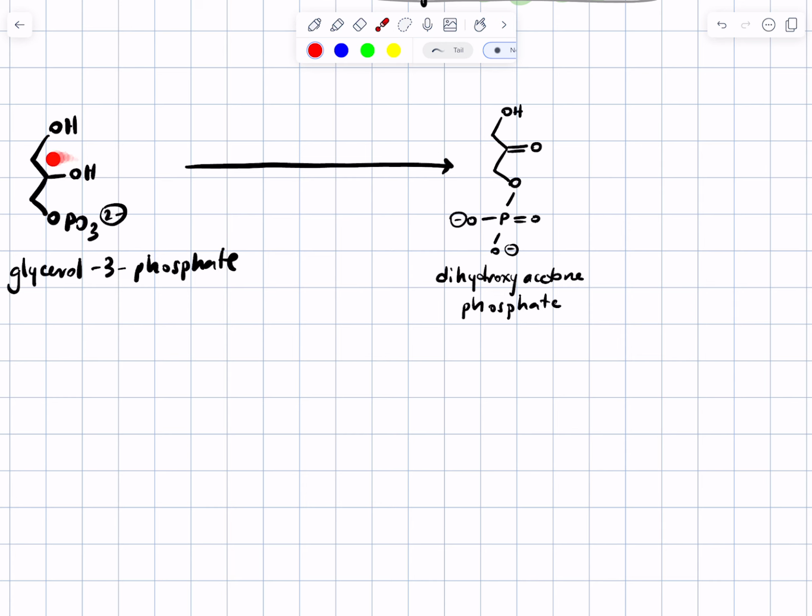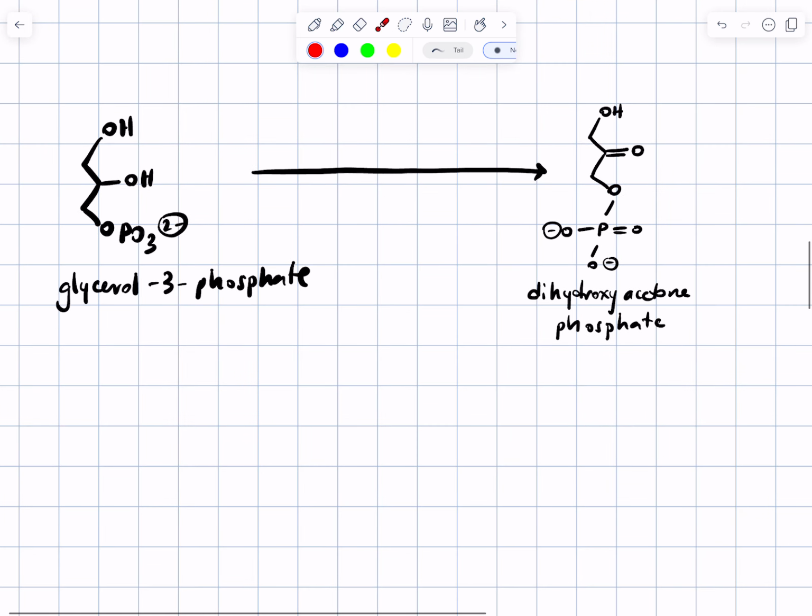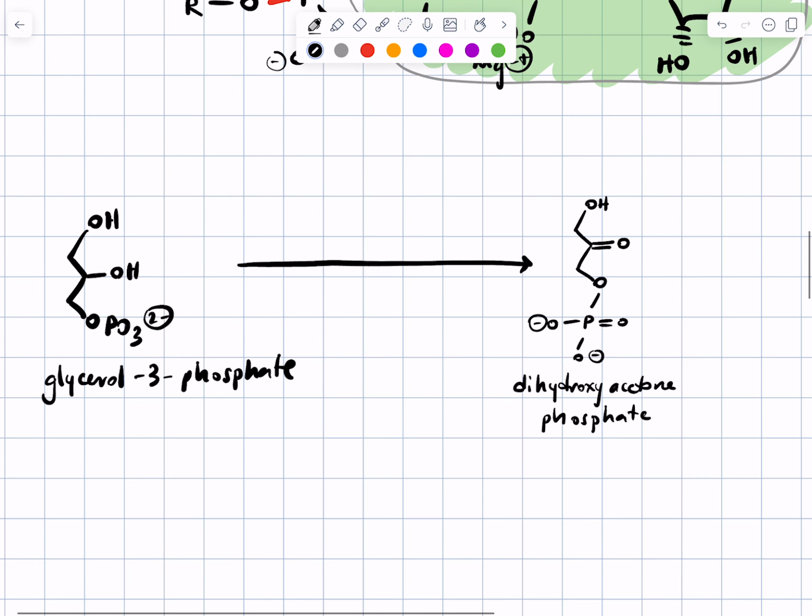The enzyme can activate one of these two for oxidation and leave the other one alone. Often enzymes are named for their substrate, meaning the starting material, glycerol 3-phosphate, and then they're also named for what they do, dehydrogenase.